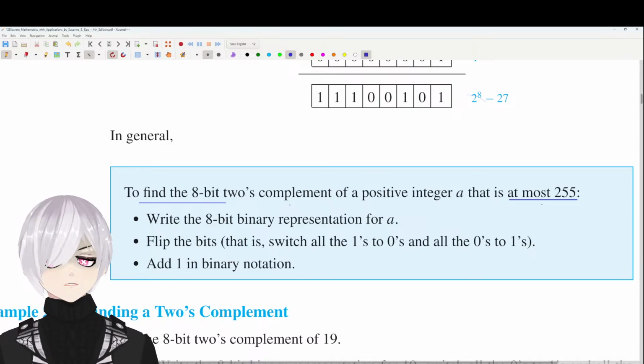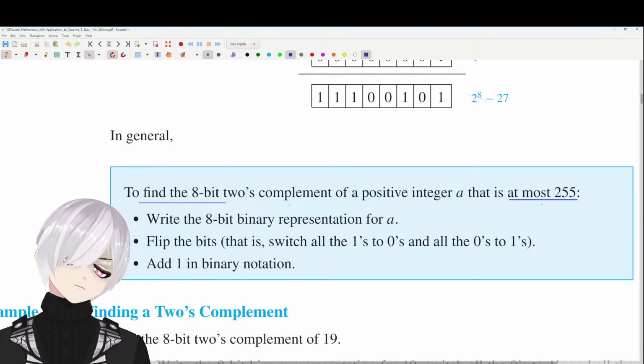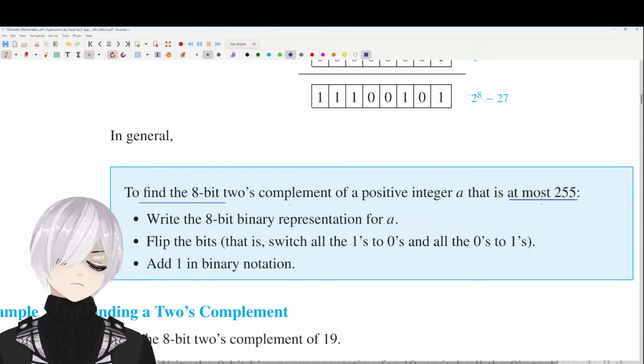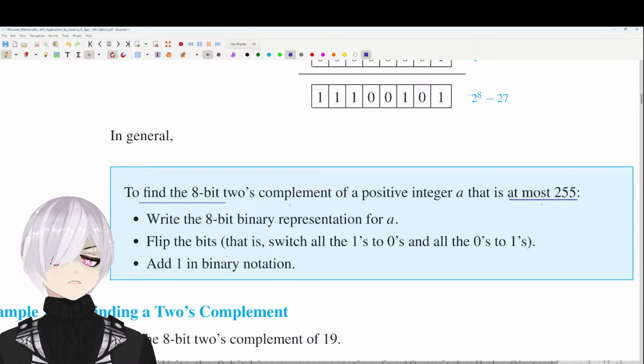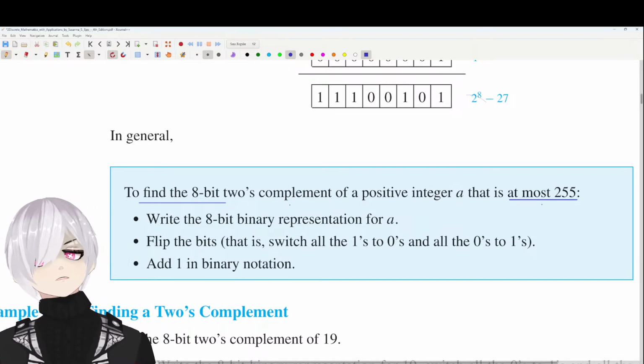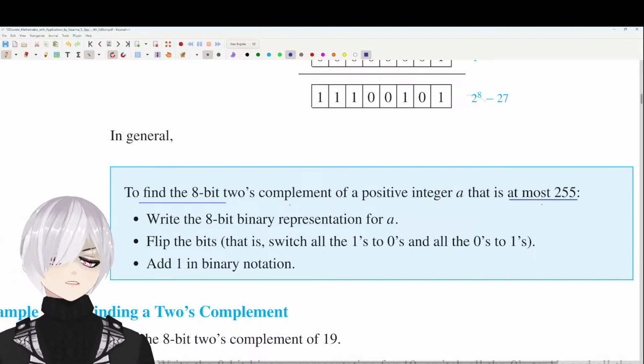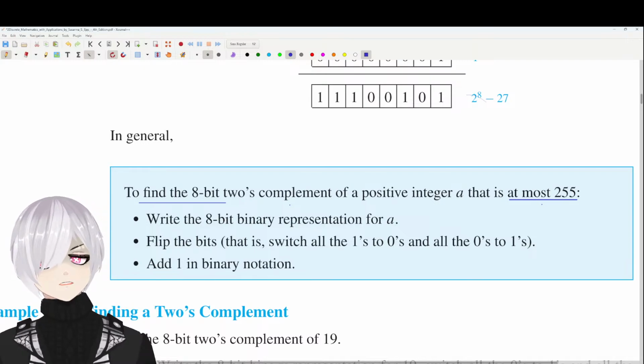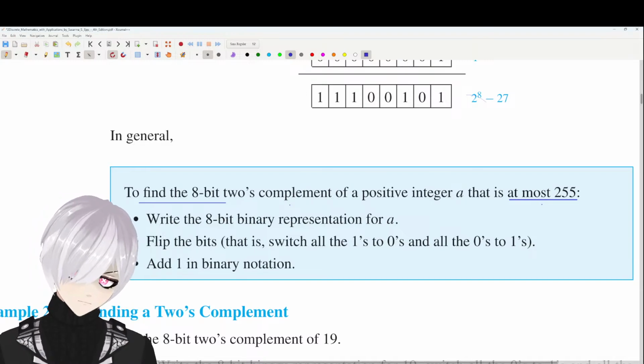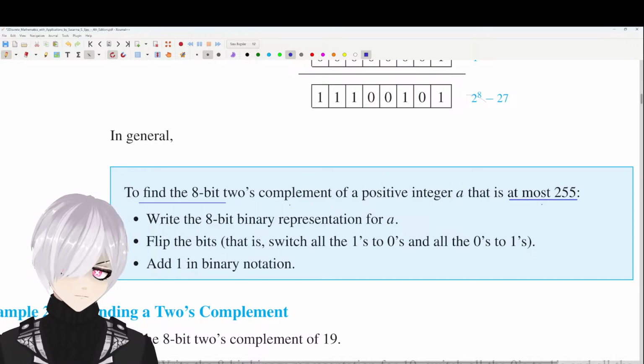But I guess the way they're formulating the procedure, it's just for 8-bit things. So you think the two's complement is a concept that is just being applied to the 8-bit world, but it's not an 8-bit concept per se?